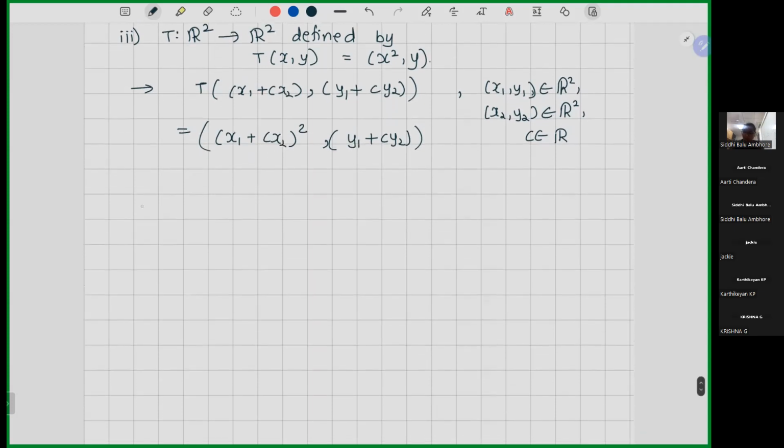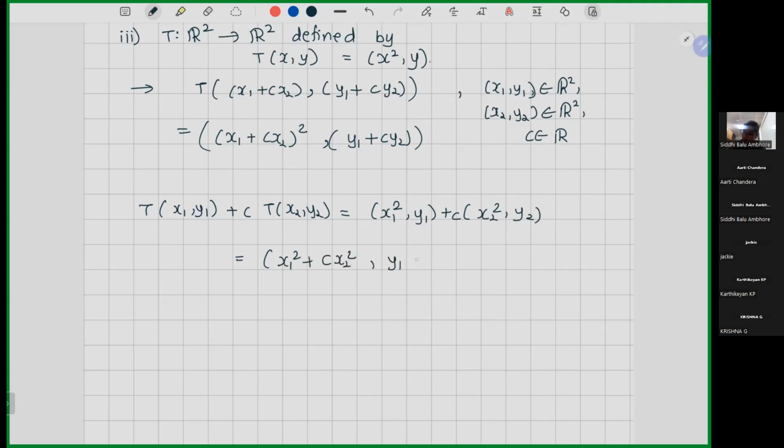Okay, and what is T(x1, y1) + c T(x2, y2)? It is (x1², y1) + c (x2², y2), and this is what? It is x1² + c x2² and y1 + c y2.